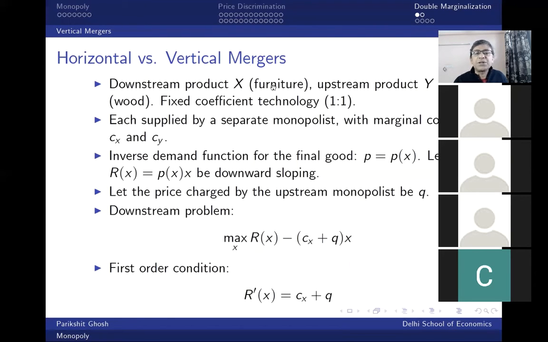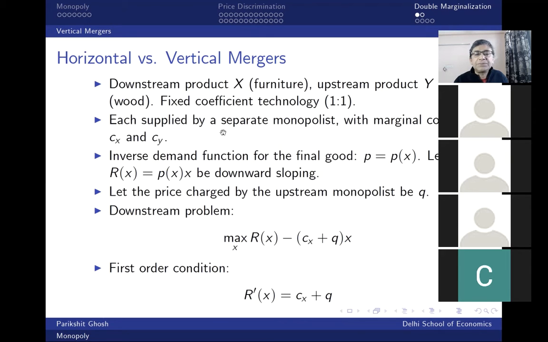So there's a furniture monopolist, IKEA, and there's a logging company which has a monopoly on supplying wood. And let's say their marginal costs are constant, CX and CY respectively. So the logging company has this marginal cost of getting 1 unit of wood to whoever uses it.